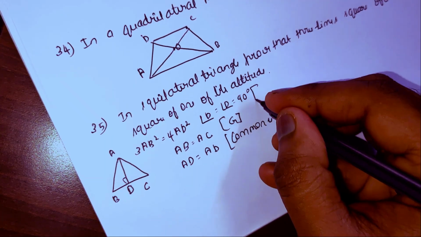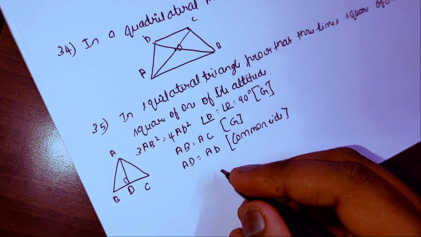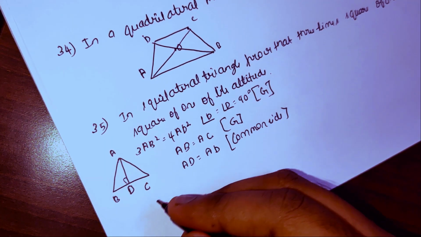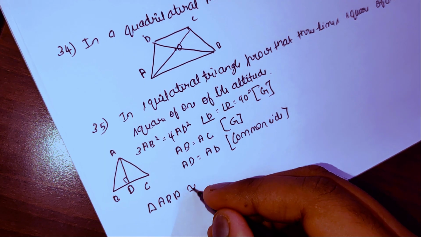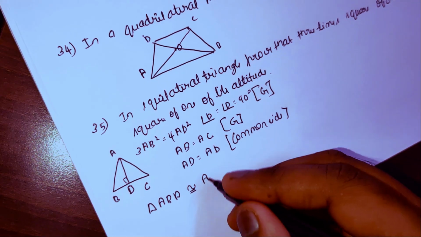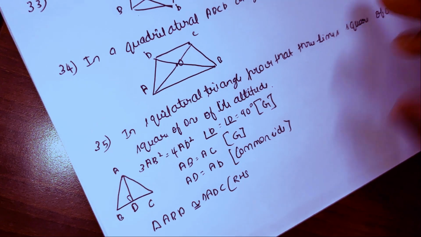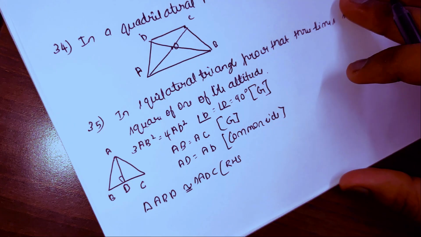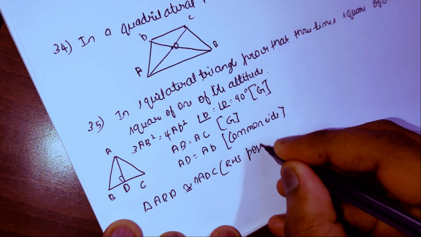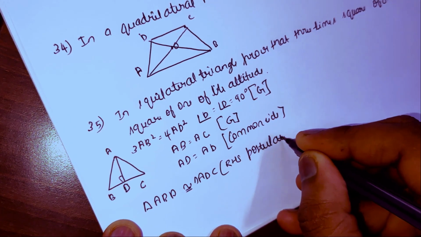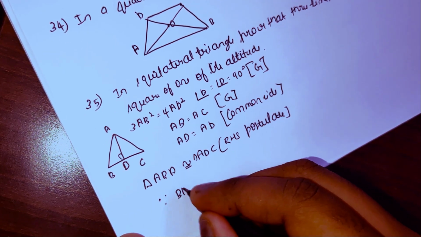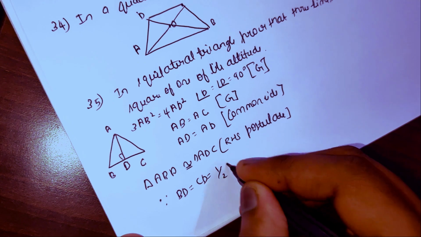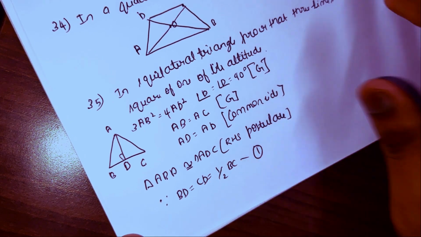So triangle ABD is congruent to triangle ADC. This is by the RHS postulate. That implies BD is equal to CD, that is half BC. Consider this as first equation.